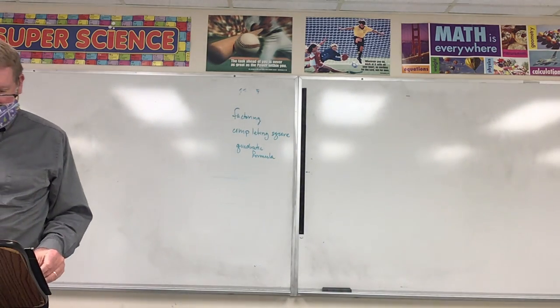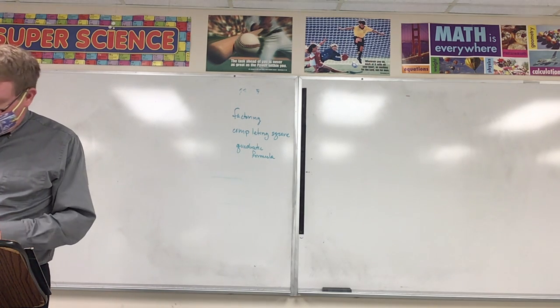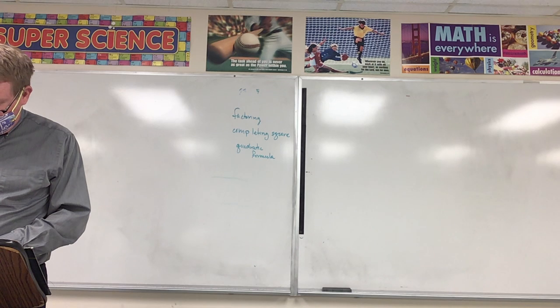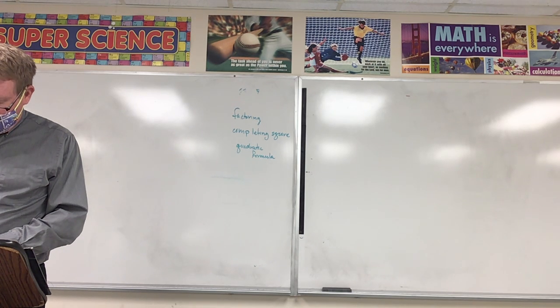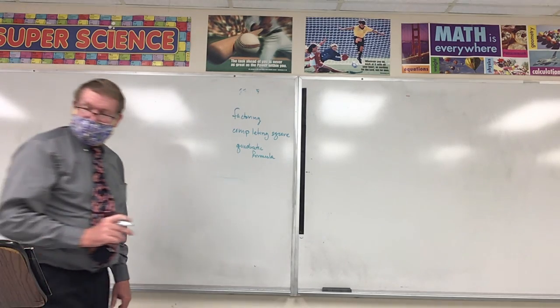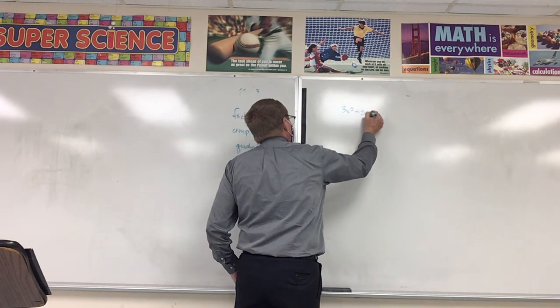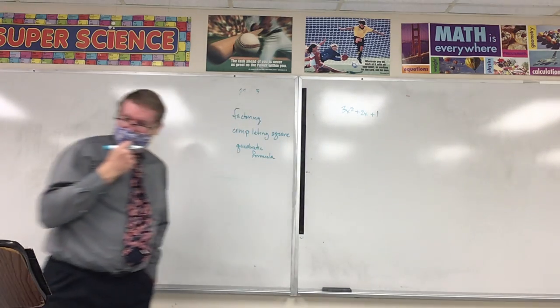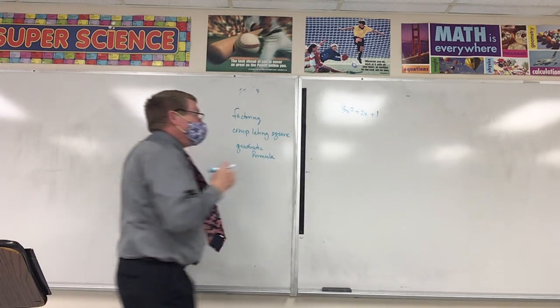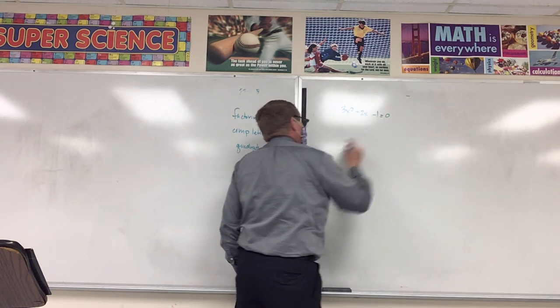Let's take 3x squared plus 2x minus 1 equals 0.